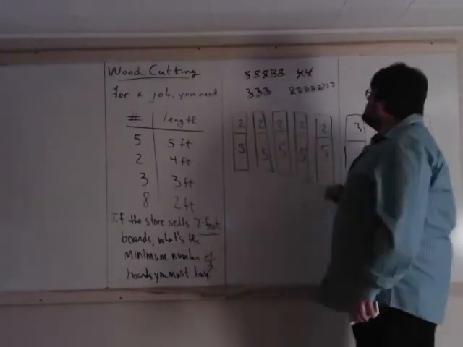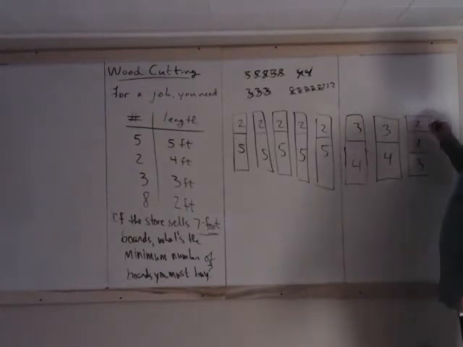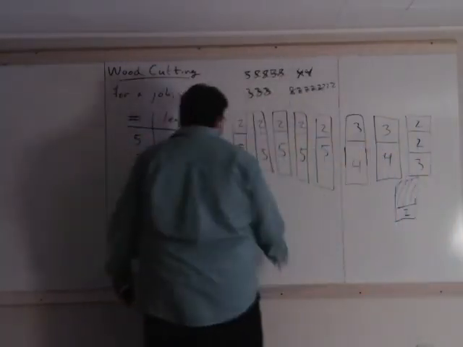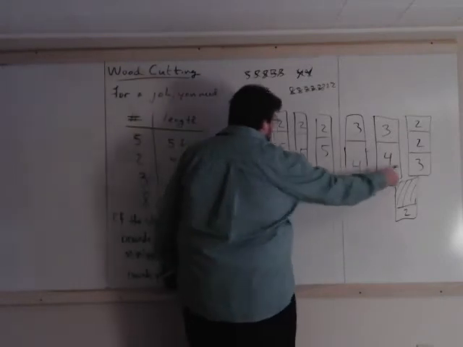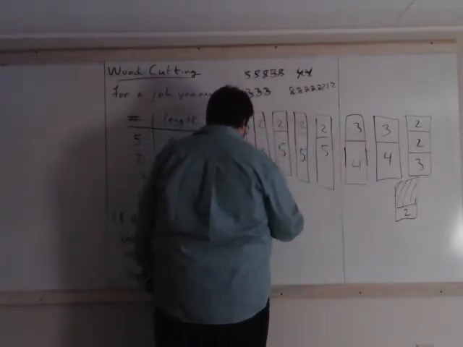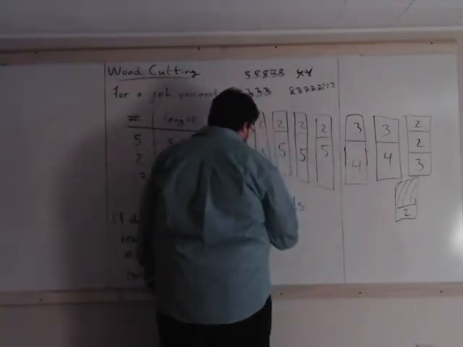And now, all we have left are 3 2s. So we can put 1 here, we can put 1 there, but now we need another board. So with this example, we need 9 boards, and we have 5 feet of excess.